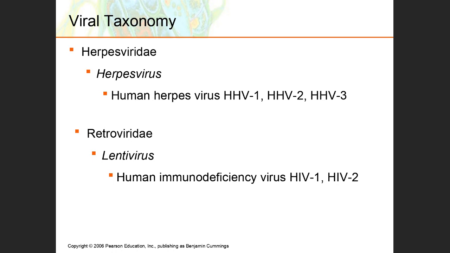But the genus is herpesvirus, and the species is human herpesvirus 1, 2, whatever. So it's not your typical genus and species. The Retroviridae family, we have the lentivirus genus, and the species HIV is an example. So in genus and species, it doesn't work the same way with viruses.